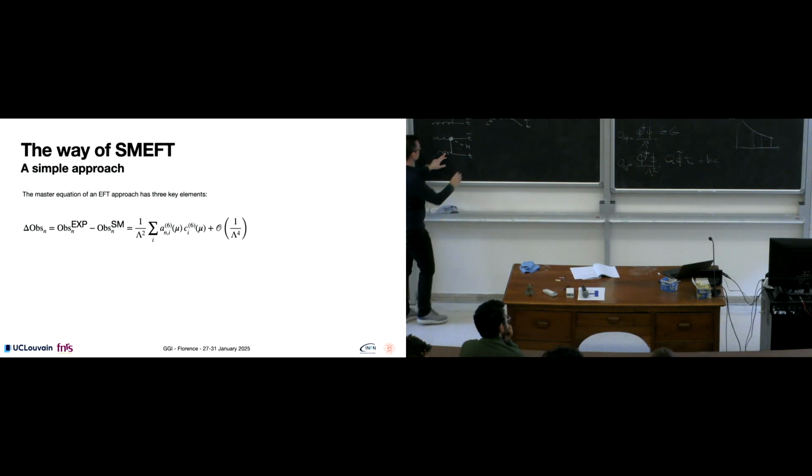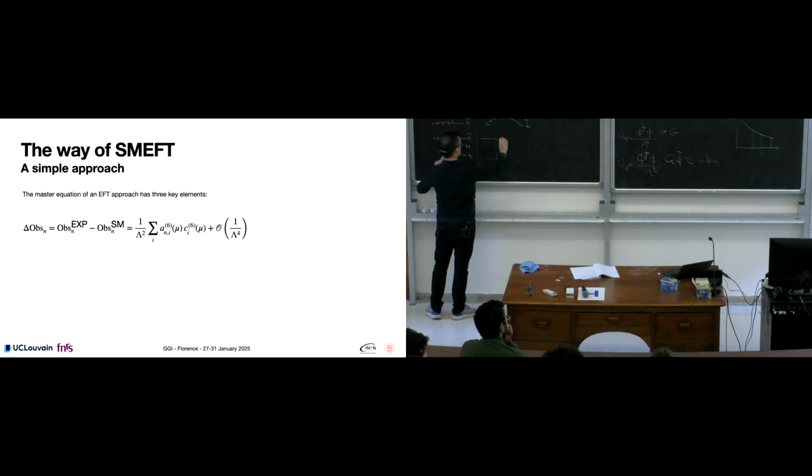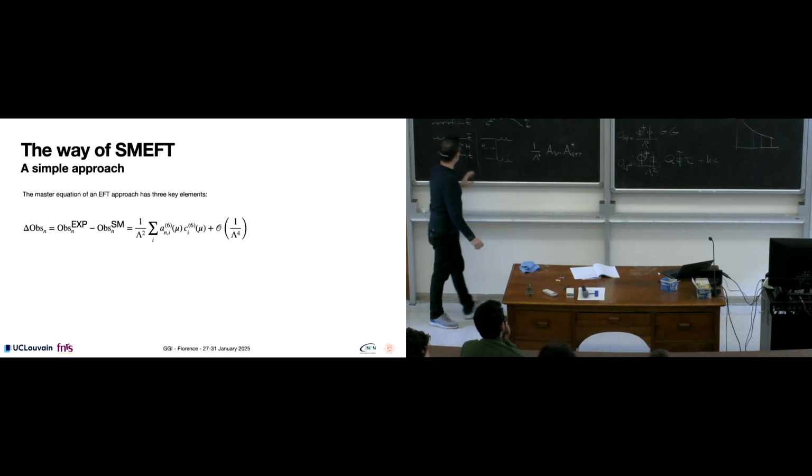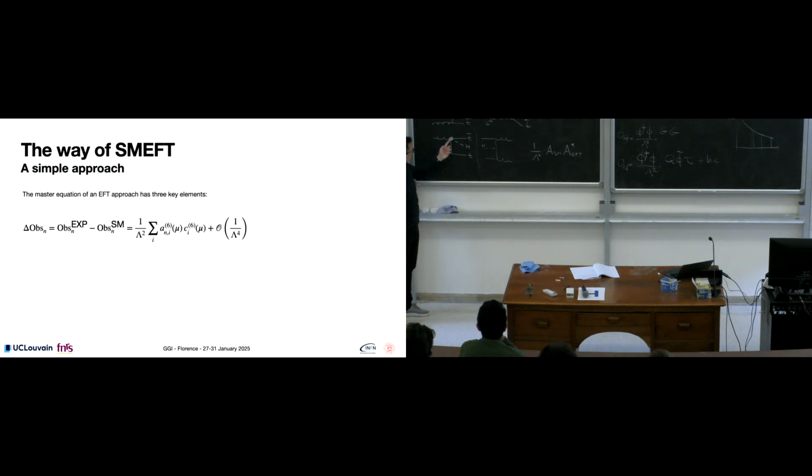Also, remember that when I square these diagrams, within the standard model amplitude, the 1 over lambda square term is A SM times A EFT. One insertion here. But you see that I can do two insertions in two different ways. I can put two insertions here, or one insertion here and one insertion there.